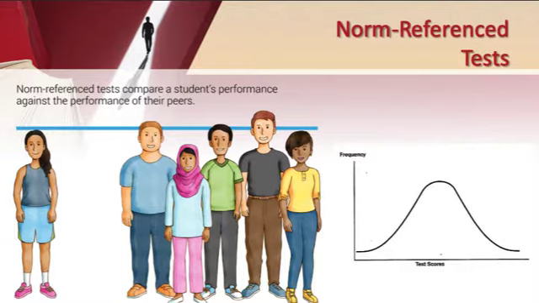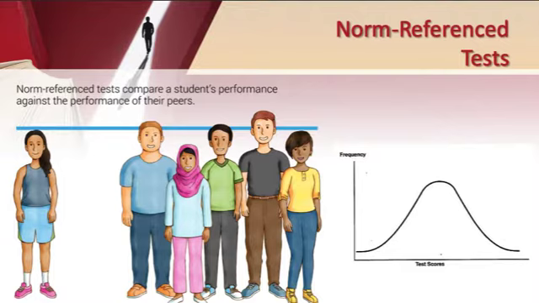For example, a student scoring at the 71st percentile performed better than 71% of students in the norming population. Examples of normed reference tests include the SAT, ITBS, college entrance exams such as SAT, ACT, and GRE, and IQ tests.